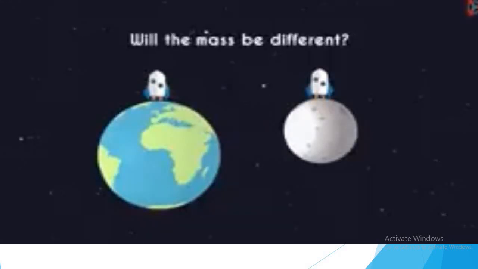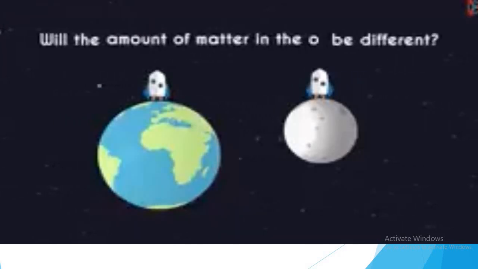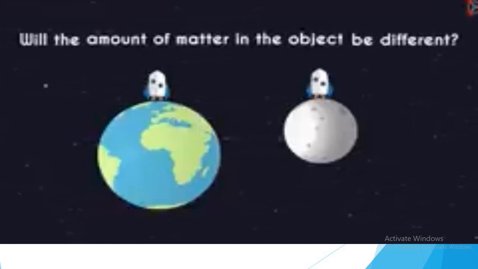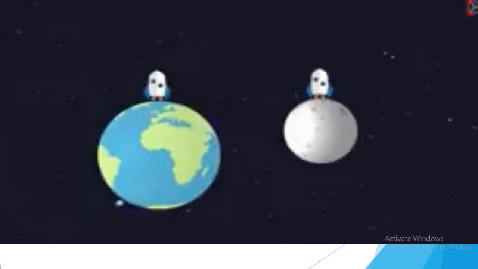Will the mass of the object be different in these cases? To answer this question, we ask ourselves another simple question. Will the amount of matter present in the object be different in these cases? Absolutely not. The matter in the object is not changing at all, which is why the mass will be the same in each of the cases. The mass of an object remains constant no matter where it is placed.